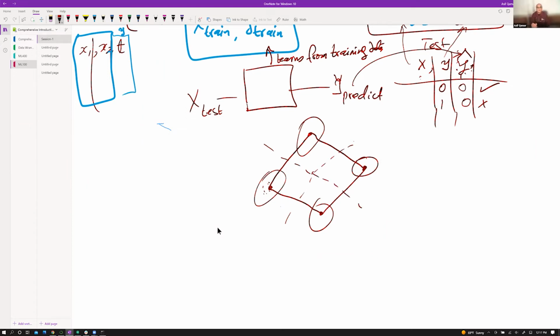And I can have this for this entire region for A, this entire region for B, this entire region for C, and this entire region for D. I can partition the space accordingly, right?